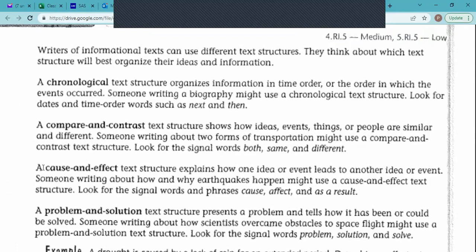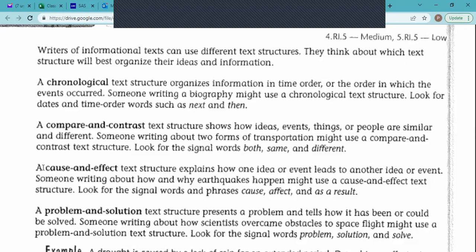Chronological text. All right. So chronological text structure will organize information in a time order or the order in which the events occurred. So someone writing a biography might use a chronological text structure. So look for dates and time order words such as first, then, next, last, finally, secondly, okay?